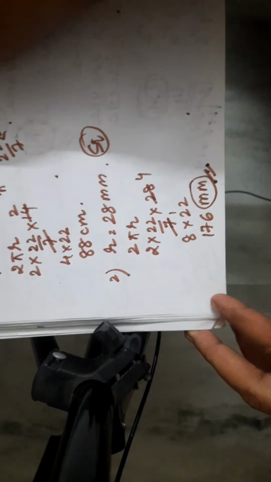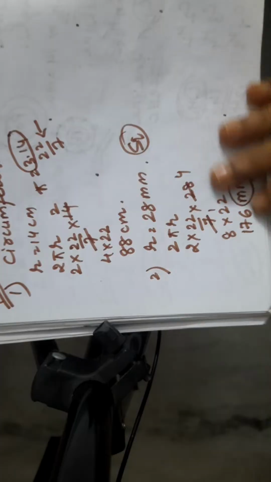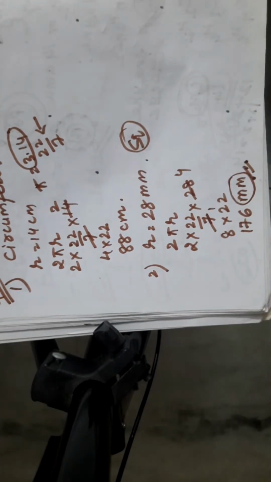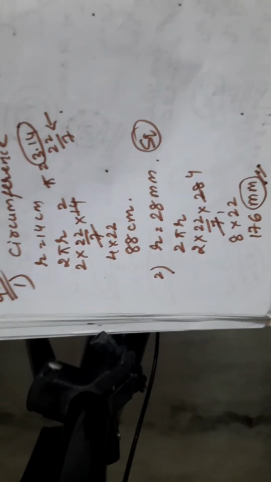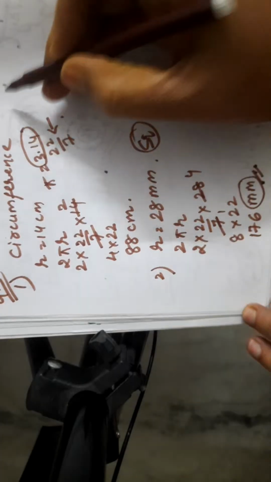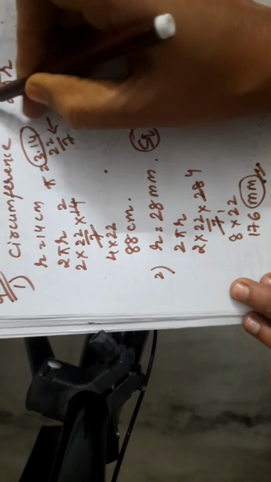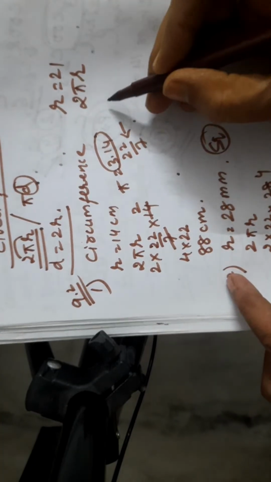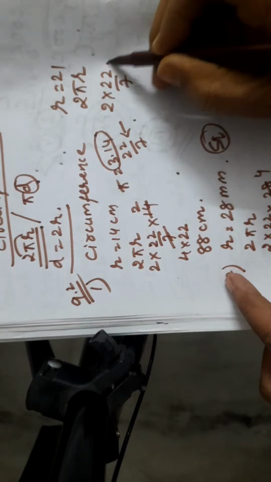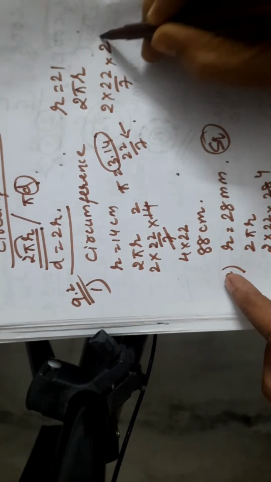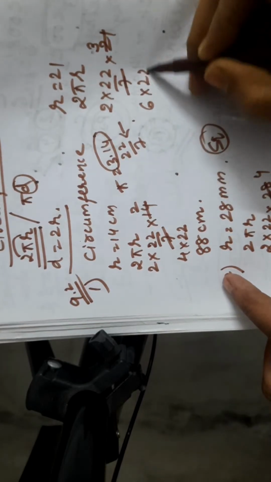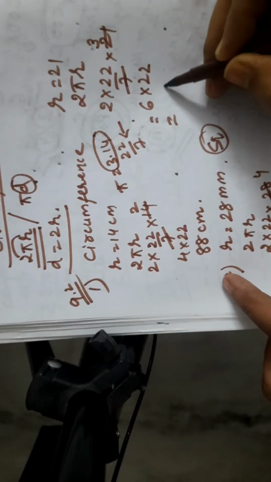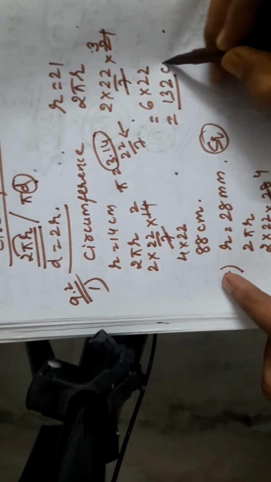Now the next question, where the radius is 21. Again 2 pi r, the radius is given 21. 2 pi is 22 by 7, radius 21, 7 3s are 21, 2 3s are 6, multiplied by 22, that is 132 centimeter.